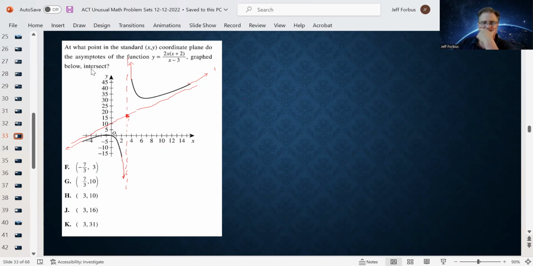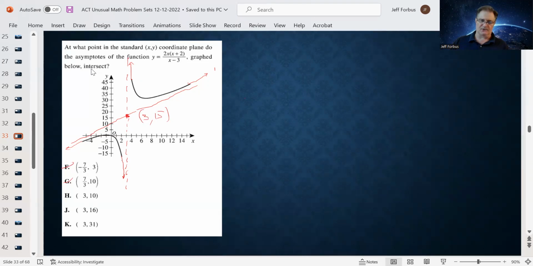It says, at which point on the standard coordinate plane do the asymptotes of the graph below intersect? So we're looking at something about 3, and we got about 15-ish, right? Now, we're sketching this in to do this question quickly. With that being said, we know it can't be F. You know it can't be G, because that says -7/3, and then 10.